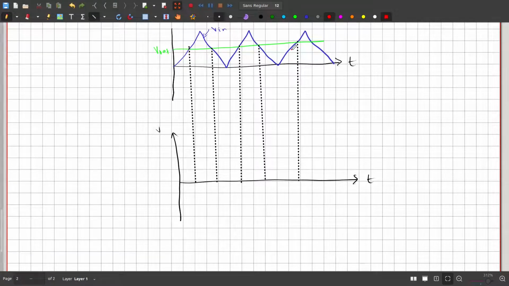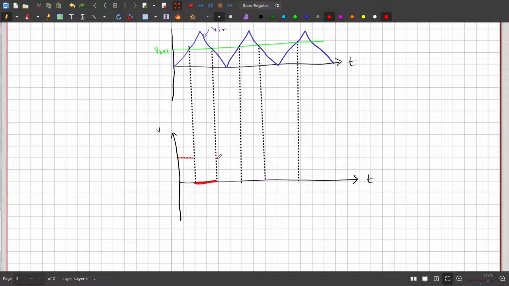So our output looks like this: whenever V in is less than V reference, it's logic high. So it's an inverted case. Whenever V in is greater than V ref, it's logic low.